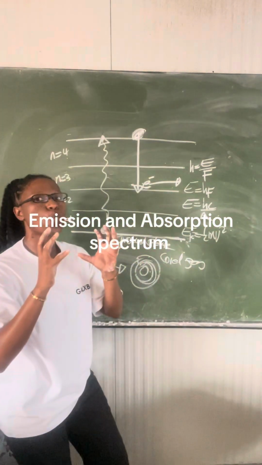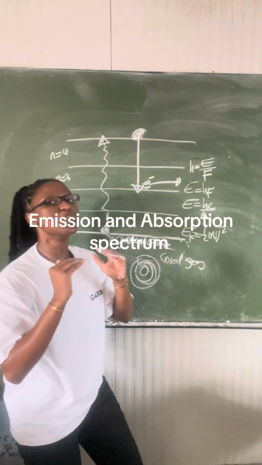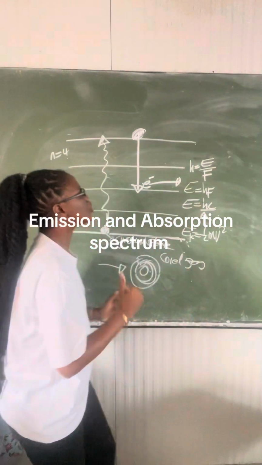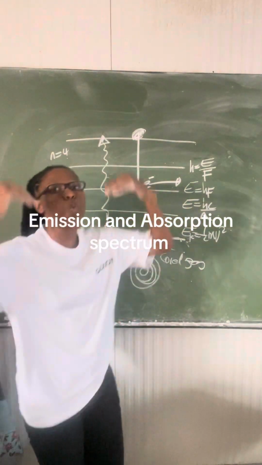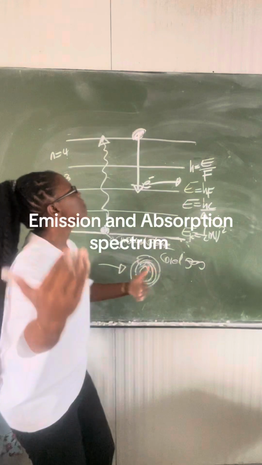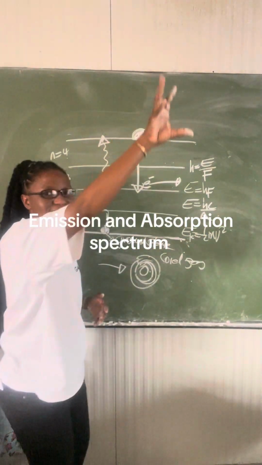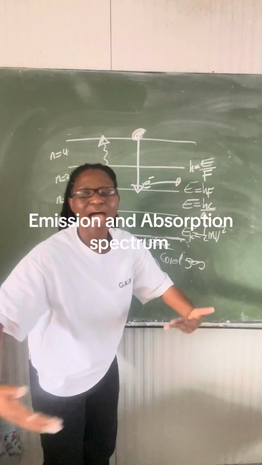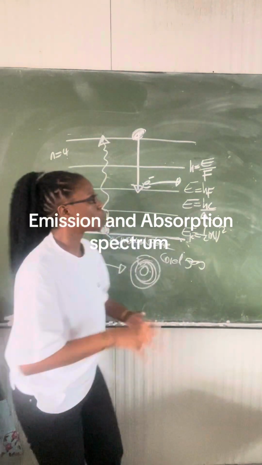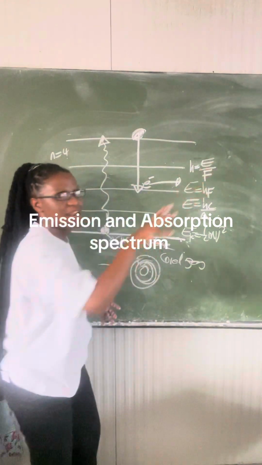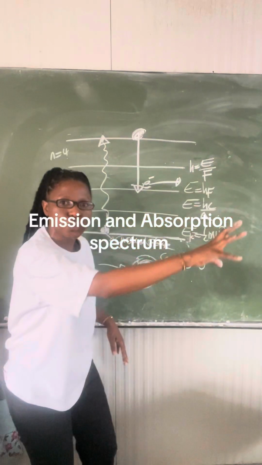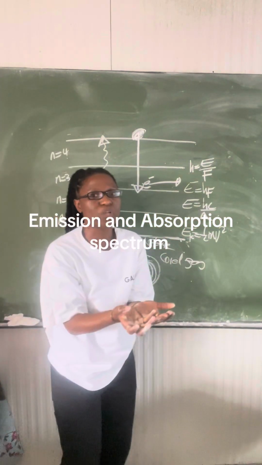As a result, we produce what we call an emission spectrum. An emission spectrum occurs when the electrons move from the highest energy level, the excited state, to the lowest energy level.